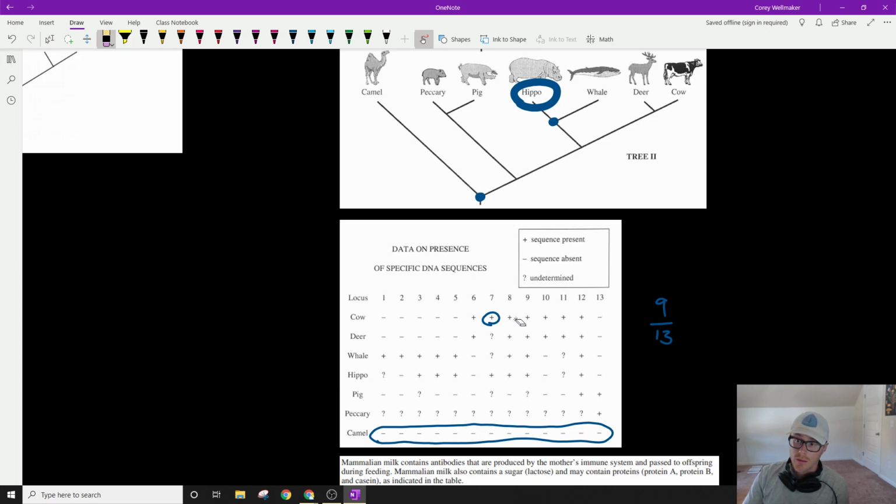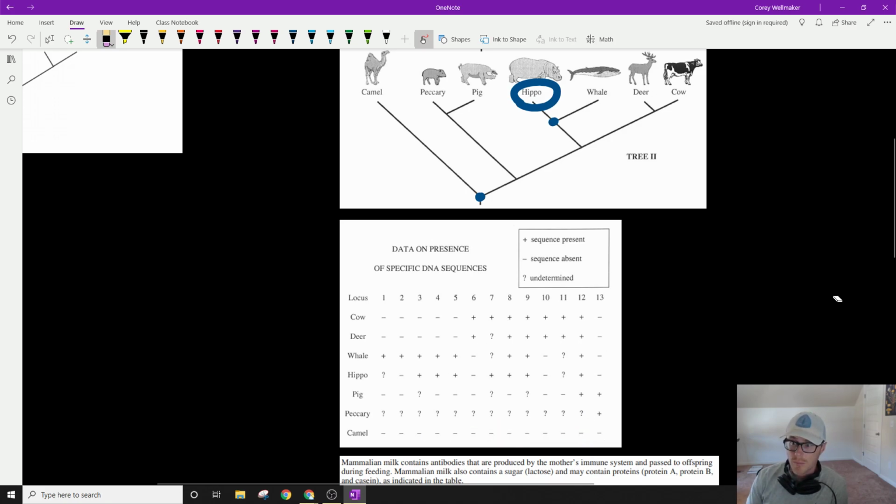We don't need to do this because we would be burning a lot of time on the clock, but if we wanted to, we can go and count how many differences exist between the camel and the pig, and the camel and the hippo, and the camel and the whale. And what we should find is that the number of differences between this group compared to the camel is a big number, and it's all going to be relatively the same.